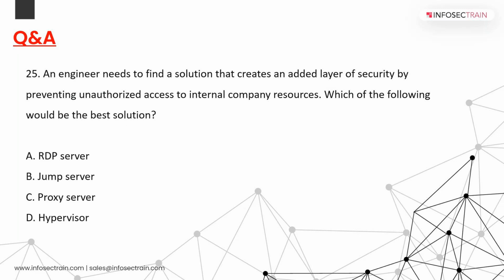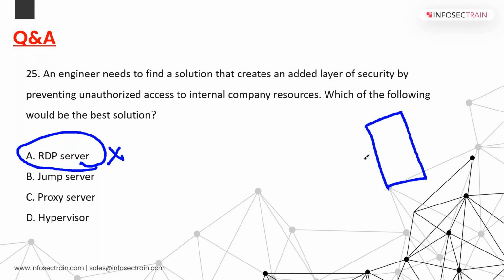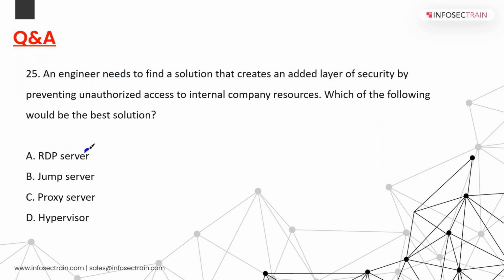The first is the RDP server. This is not the correct one. An RDP server is there if, for example, you want to connect to a server. It is not there to prevent unauthorized access. That's not the job of the RDP server; it uses the RDP protocol to make a connection.